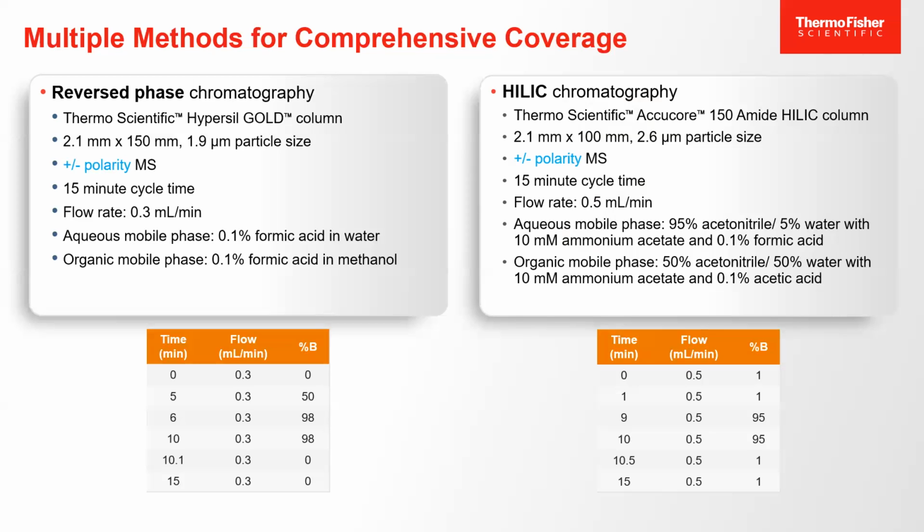Sometimes you might need to extend your method depending on your mass spec polarity switching. If it doesn't switch as fast as you'd like, then you might have to extend your flow rates or your time in order to get the mass spec to switch in the time frame that it needs to.